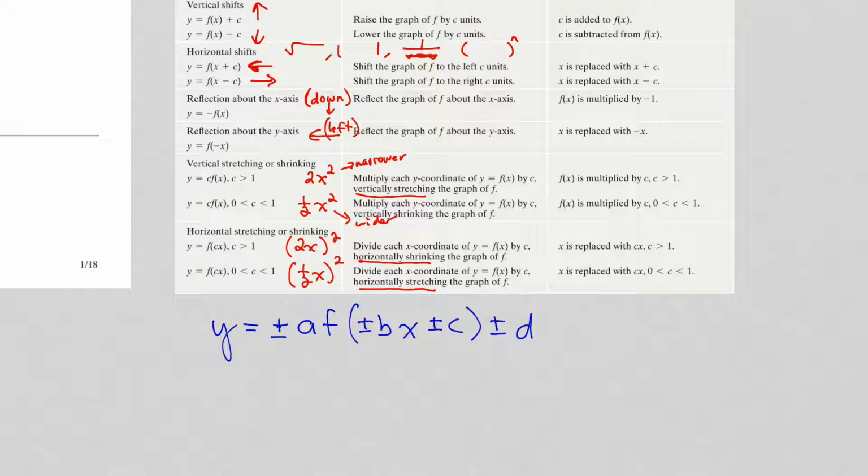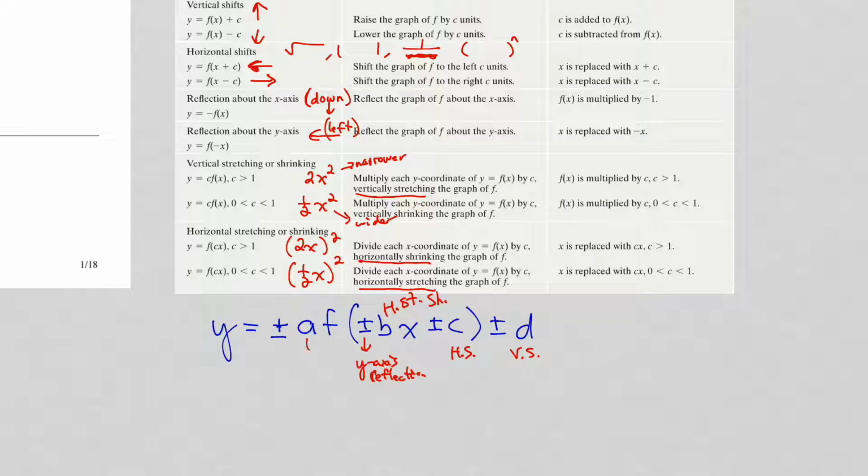All right. Here you have the vertical shifts, up or down. Here you have the horizontal shifts, left or right. Here we have a horizontal stretch or shrink. Here we have reflection over the y-axis, if it's negative.